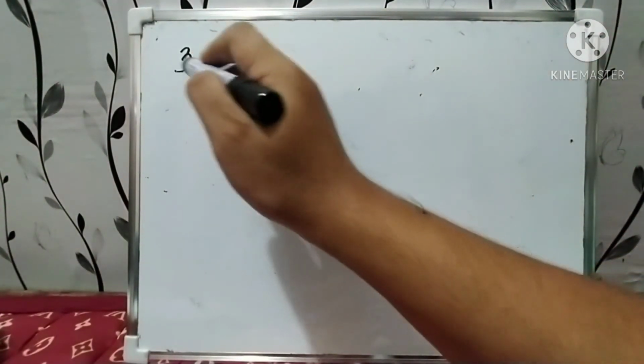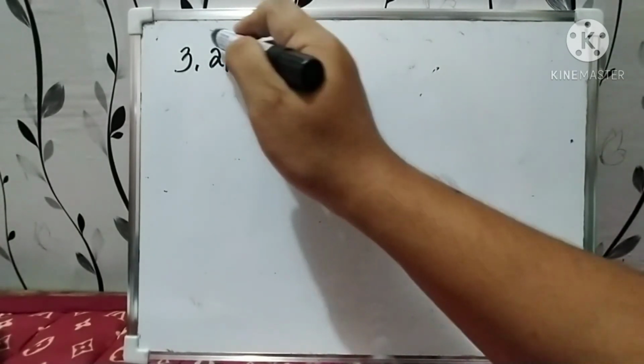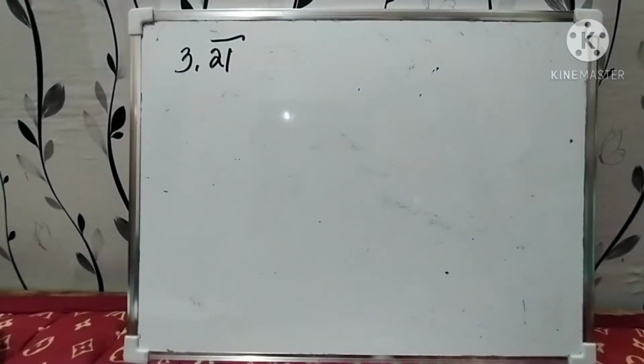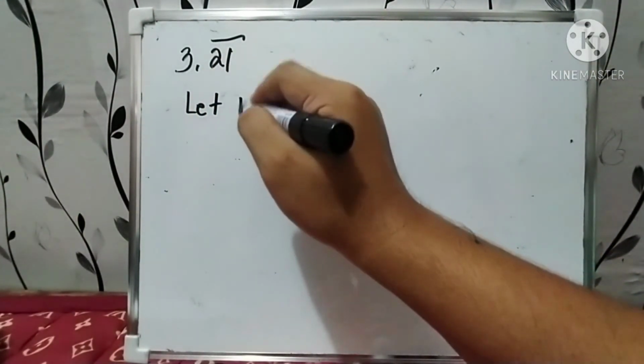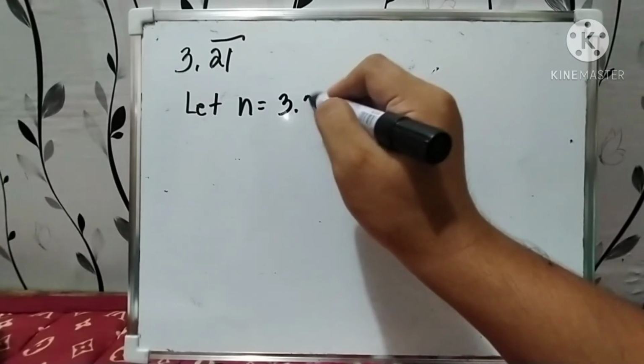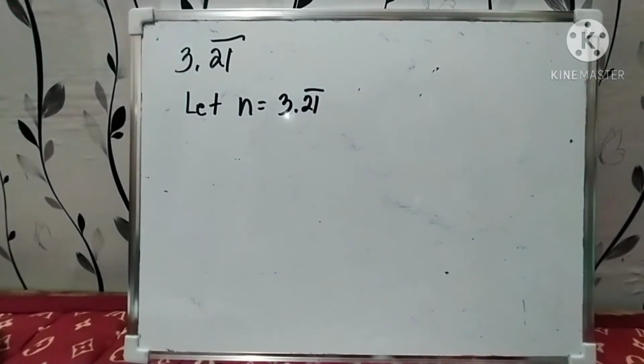Okay, so next example natin is 3.21. Ang nauulit is yung 21, yung repeating decimal. Okay? So, the first thing na gagawin natin is to let n is equal to 3.21. Ayan.